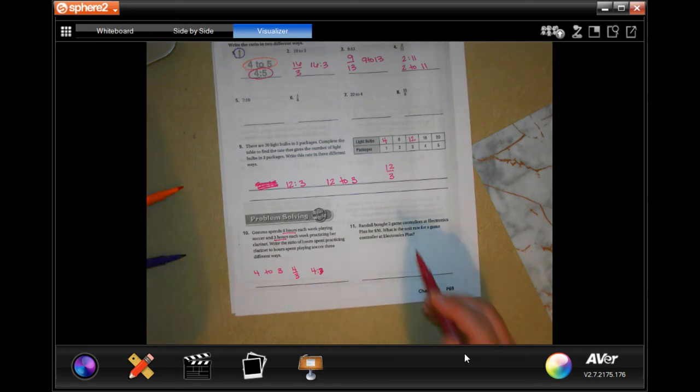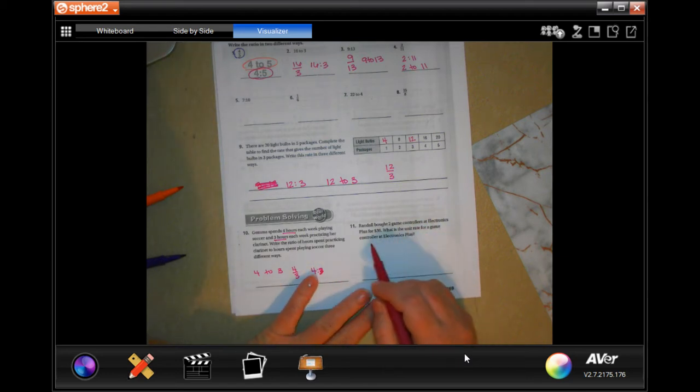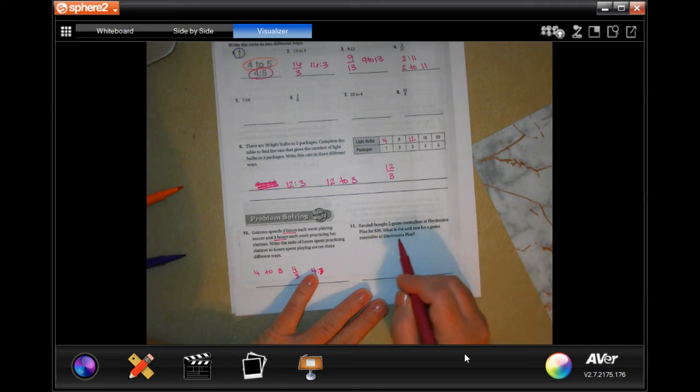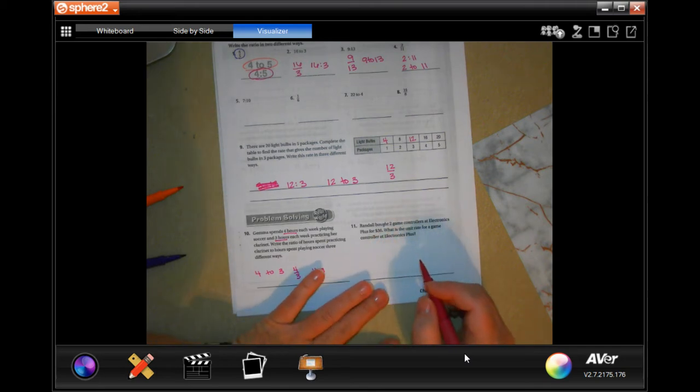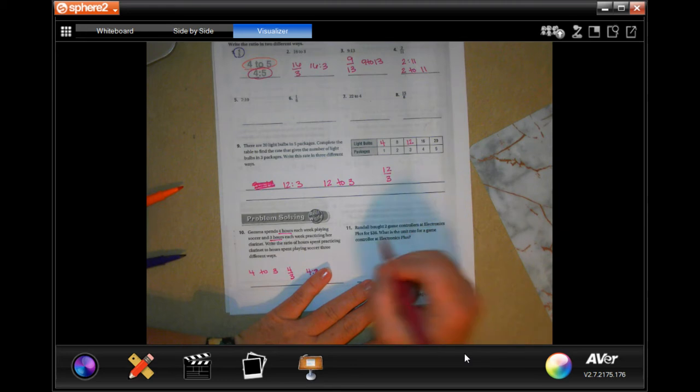Randall bought 2 game controllers at Electronics Plus for $36. What is the unit rate for a game controller at Electronics Plus? Gosh, guys, I can't even read today.